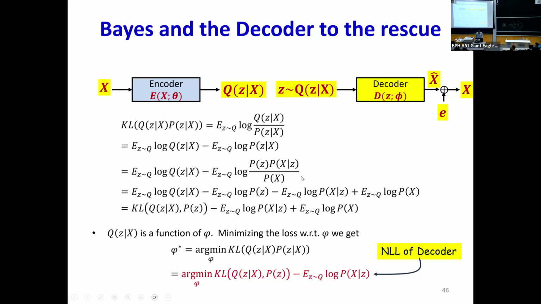So I can expand this right hand side out, and the second term becomes minus the expected value over Z drawn from Q of log of P of Z, minus, because it is in the numerator, the expected value over Z drawn from Q of log of P of X given Z. Now this is not Z given X, it's X given Z. Plus the expected value over Z drawn from Q of log of P of X. Now observe that log of P of X is not a function of either the encoder or the decoder.